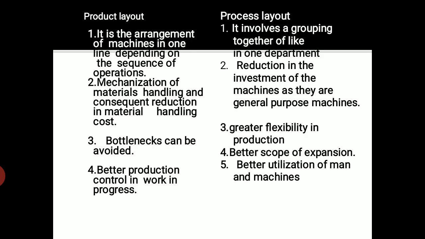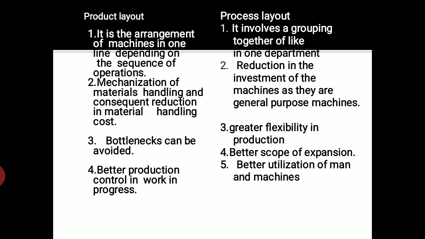So if you are using a combined layout, this is one of the advantages of process layout that we can get. Again, as compared to product layout, if we are using the process layout in combined layout, then we can have flexibility. That means there is rigidity of sequence of production on one side, and there can be flexibility of the processes in the process layout also.